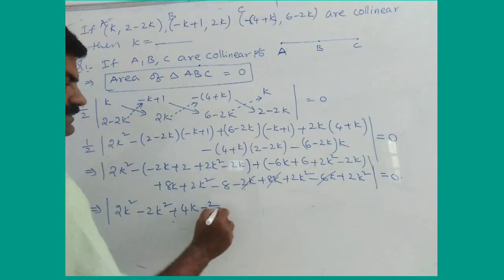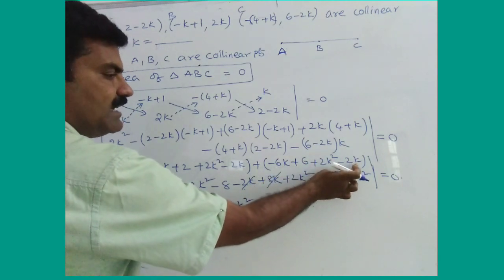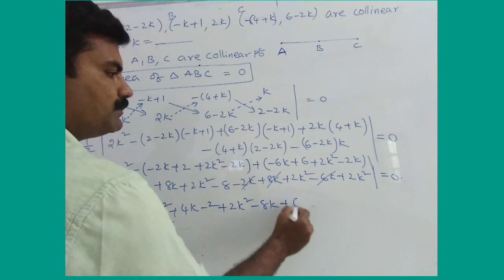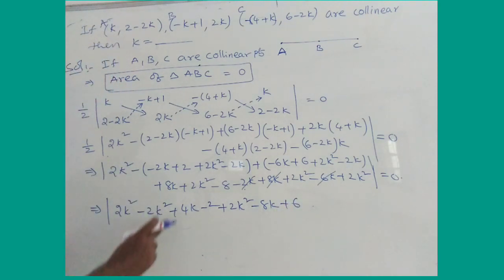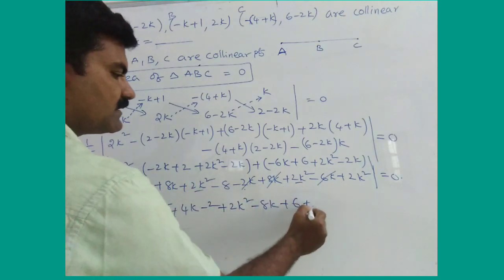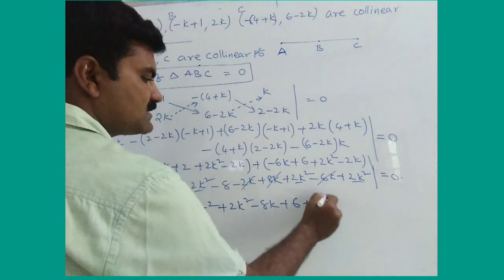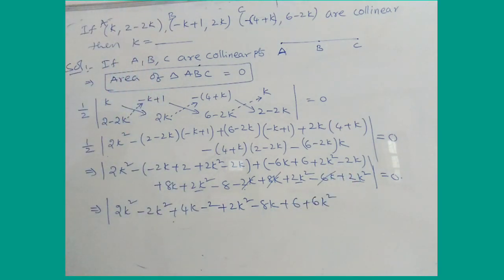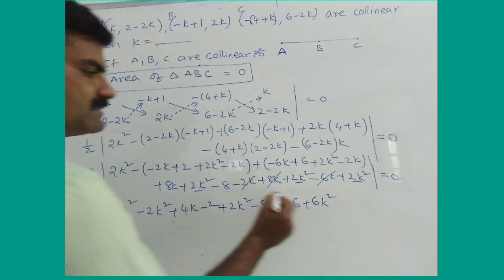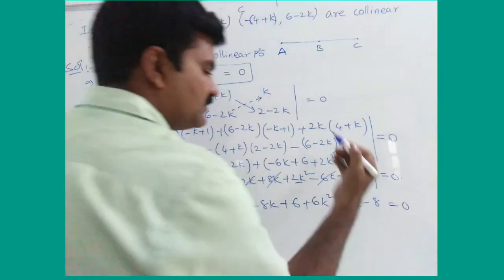Coming to this, plus 2k square minus 6k minus 2k, you can write minus 8k plus 6. And regarding this, 2k square plus 2k square and plus 2k square together make 6k square, and we have plus 8k and minus 8, which is equal to 0.